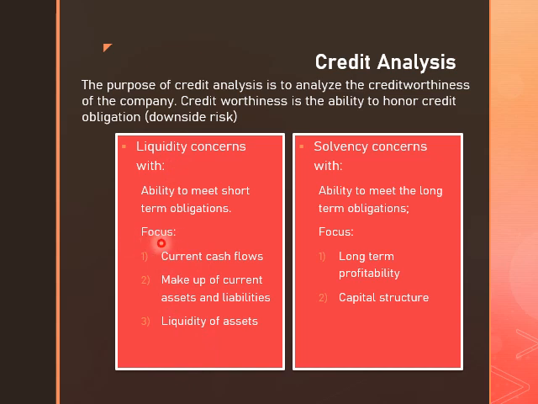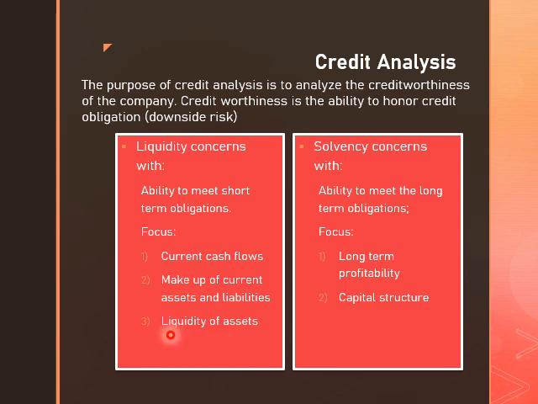So focus on liquidity adalah the current cash flow, the makeup of current asset and liability. The makeup means the composition, what is inside your current asset, what is inside your current liability, and also the liquidity of asset, ability for the company to convert the asset into cash.